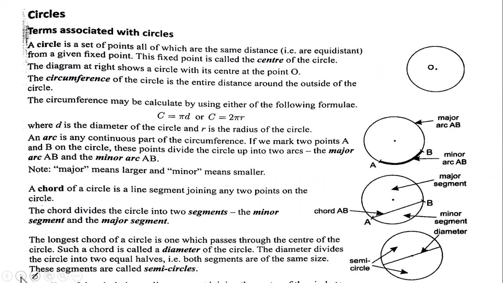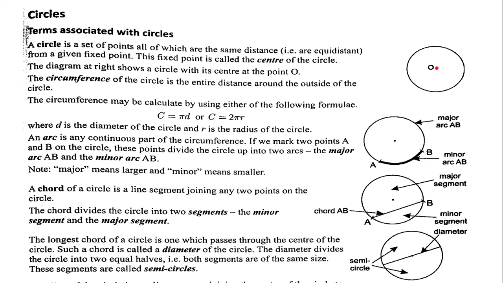Let's move on. Now here are some terms associated with circles in case you forgot. So this is a circle. A circle is a set of points, all of which are the same distance, or equidistant, from a given point.